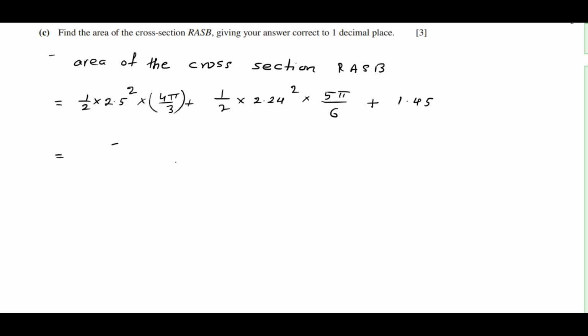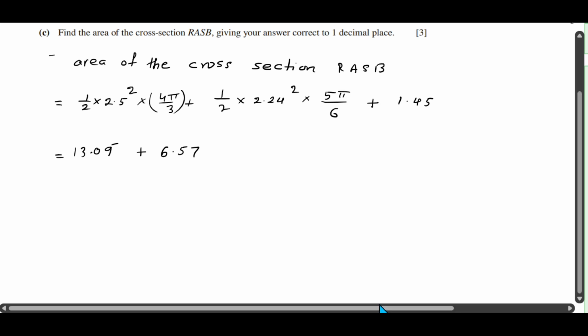So the area is 13.09. What we are getting is 13.09 plus 0.5 into 2.24 square into 5 into pi divided by 6, which gives 6.57.